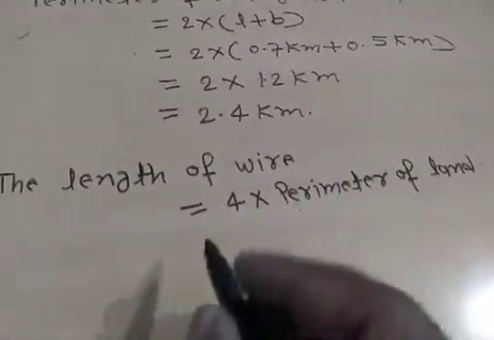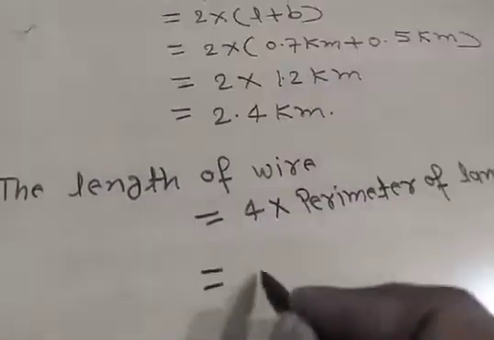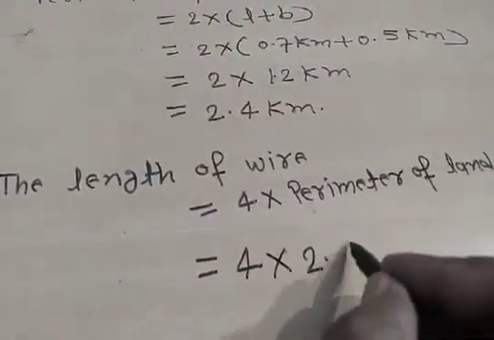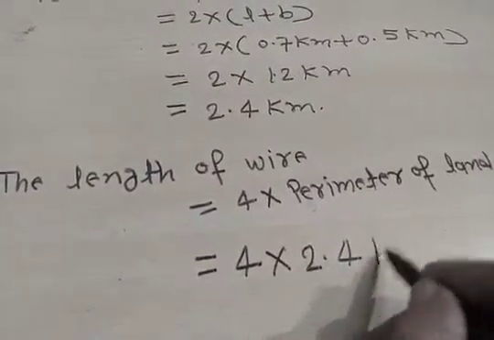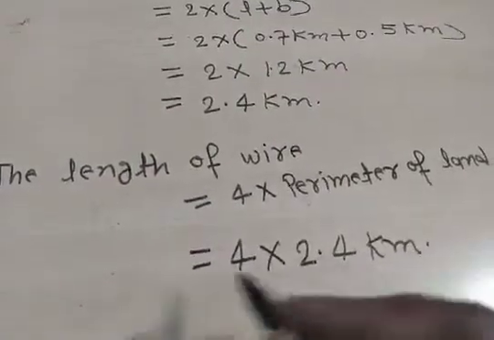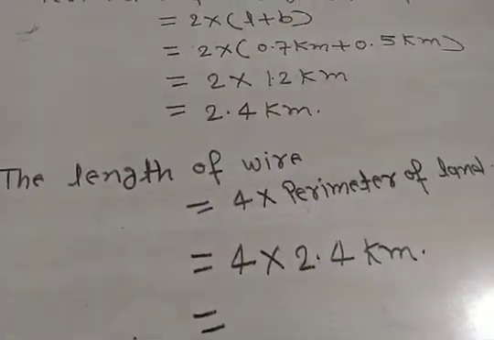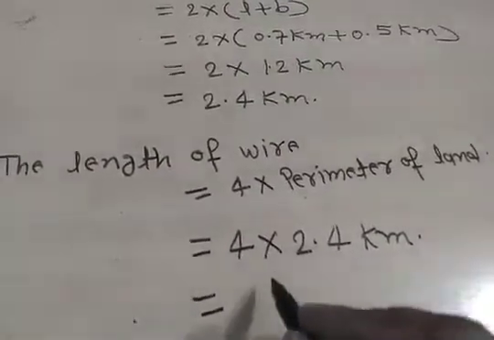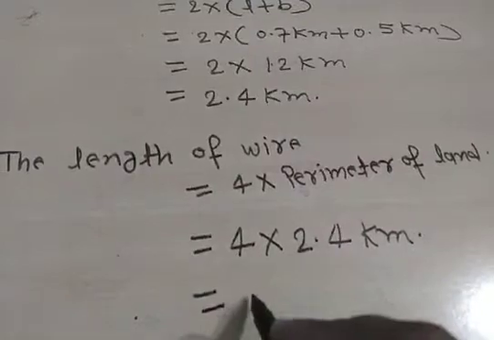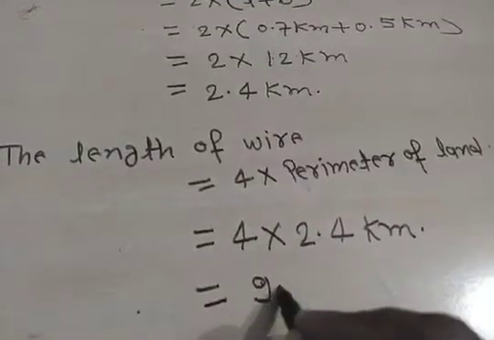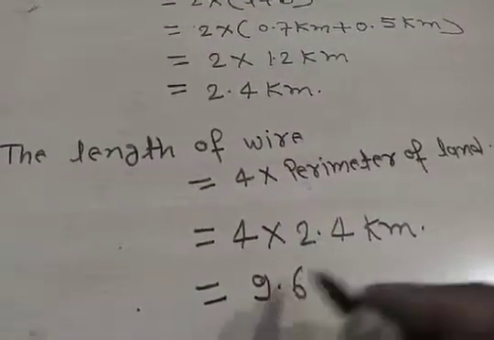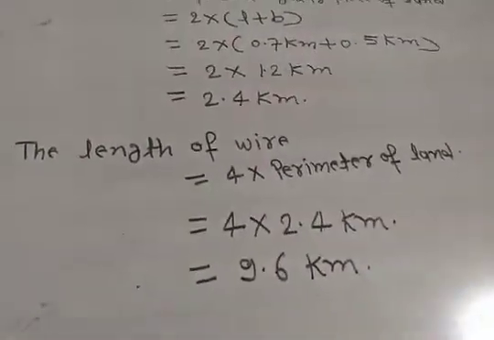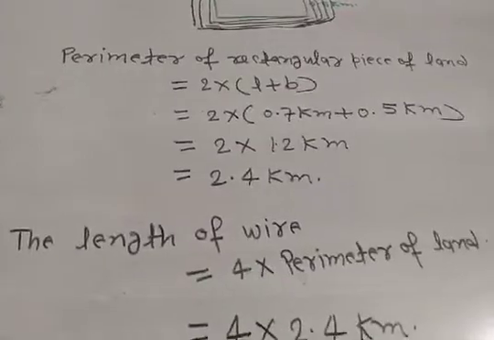Here we found the perimeter of land is 2.4 kilometers. Clear? So 2.4 into 4, 24 4s are 96, means 9.6 kilometers.